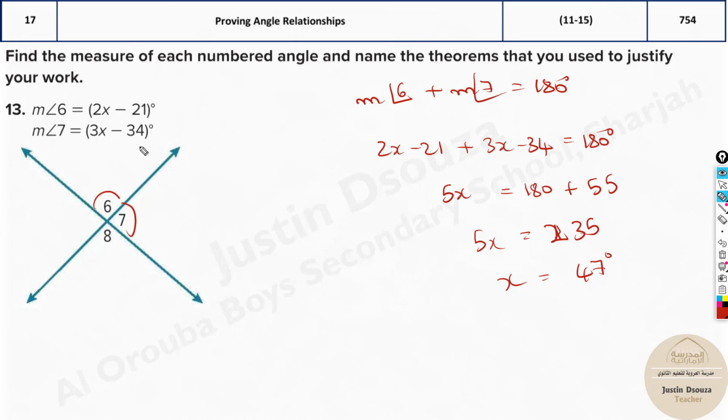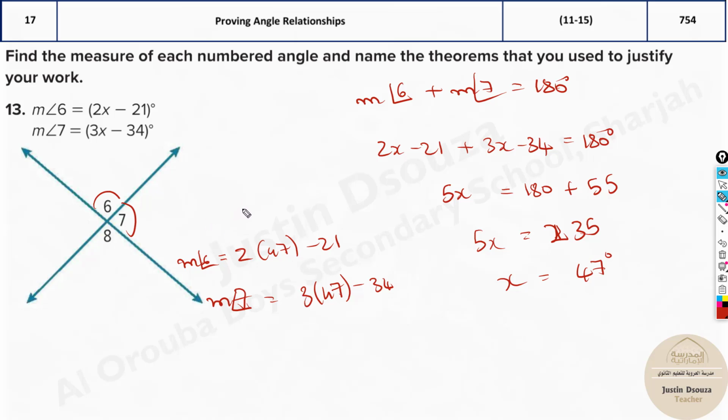Now you just substitute it back, and we have to find all the angles. If you substitute 2 times 47 minus 21, you get the measure of 6, and the measure of 7 would be 3 times 47 degrees minus 34. Just put this in the calculator and you can find it.